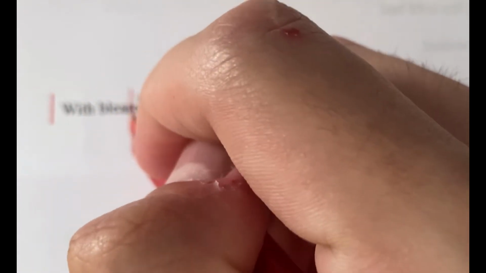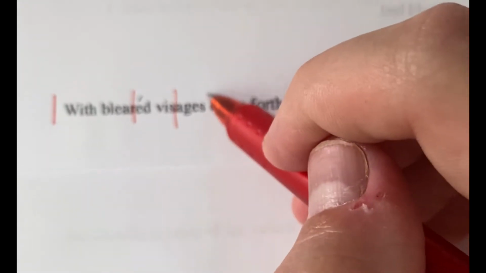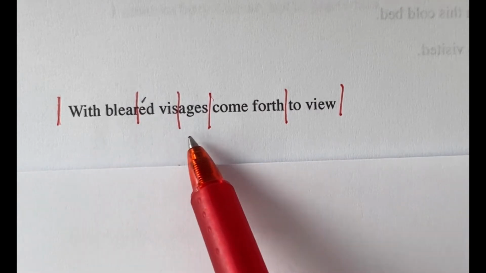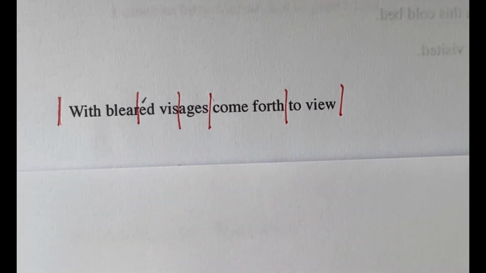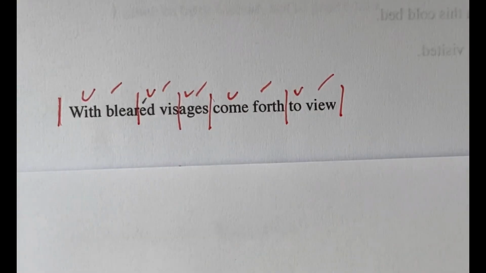So we can then mark this out: blear-ed, vis-ag-es, come forth to view. So now we have 1, 2, 3, 4, 5 iambs, 2 syllables each. Let me go ahead and mark this out with unstressed and stressed syllables. As you can see, we have a regular line of iambic pentameter.